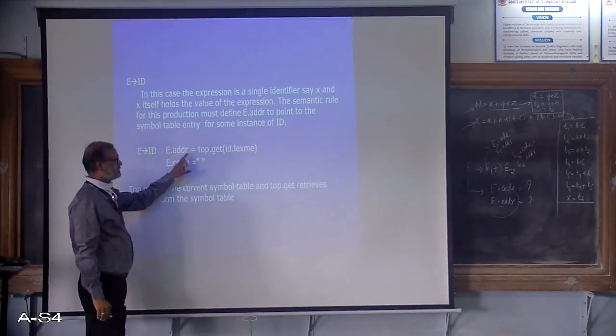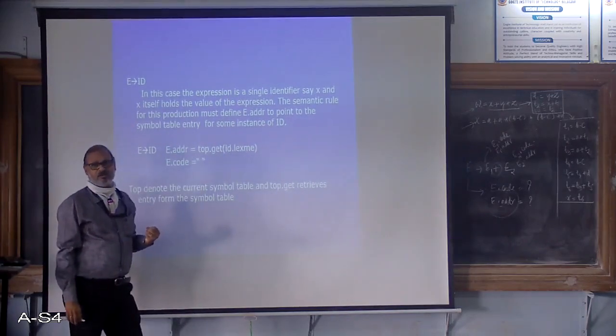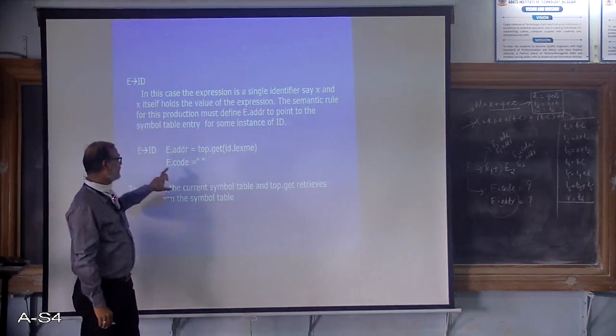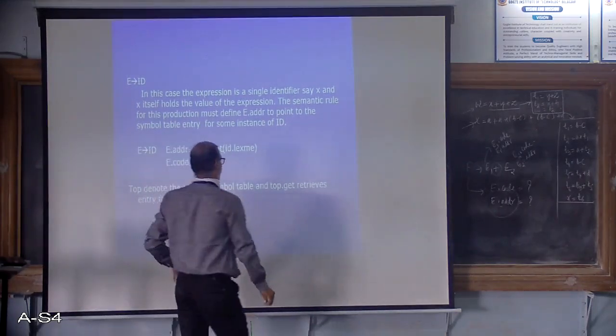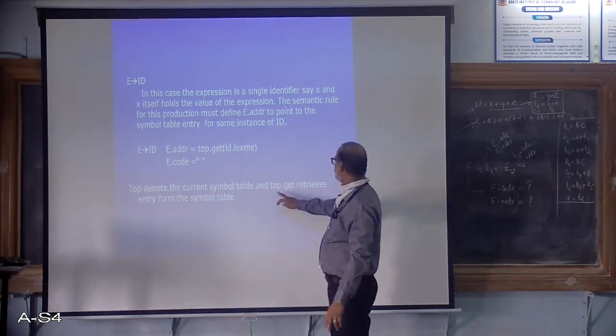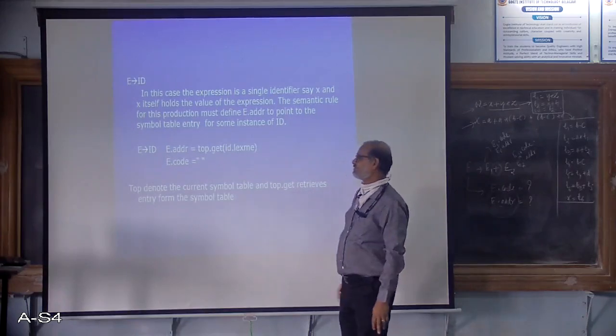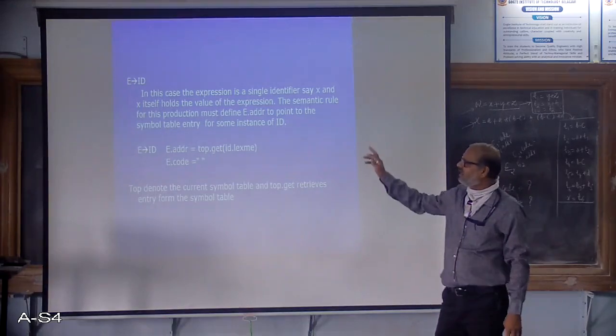So E dot address equal to top dot get ID dot lexme. It's going to get the corresponding variable name associated with ID, and then no E dot code is generated. Here top is nothing but a symbol table name, and top dot get retrieves the entry from the symbol table for the corresponding ID.